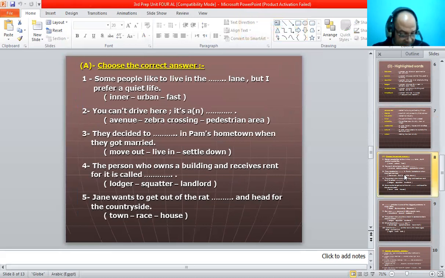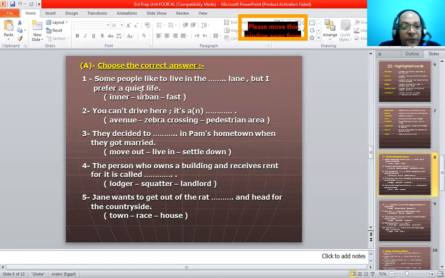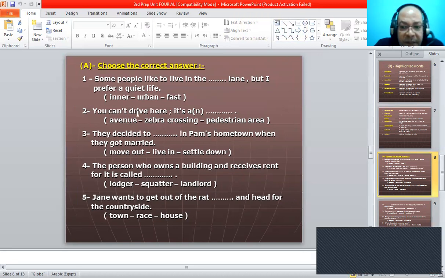Next we have our exercises. Number 1. Some people like to live in the fast lane, but I prefer a quiet life. When I want to answer anything and choose an option, I must know why I chose the answer. So here it will be fast lane. Let's go to number 2. You can't drive here. It's a pedestrian area.